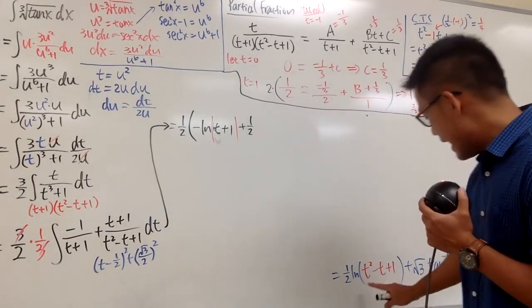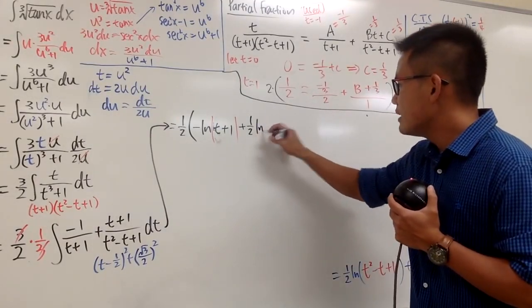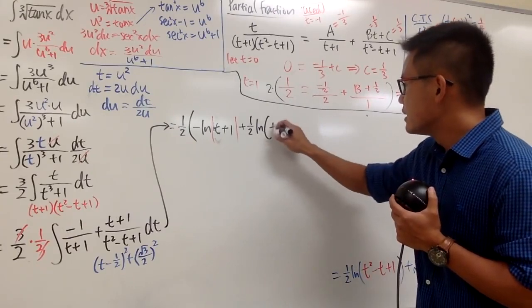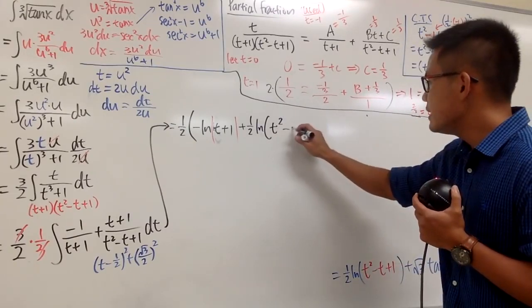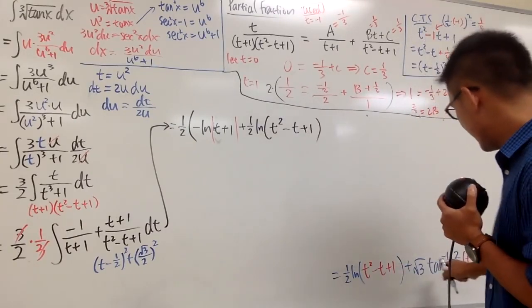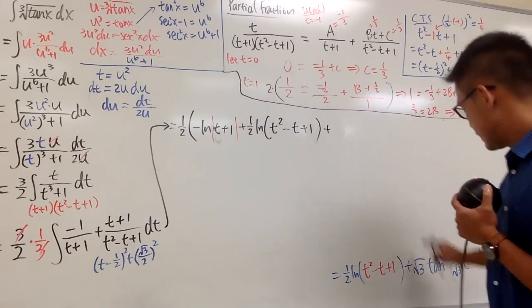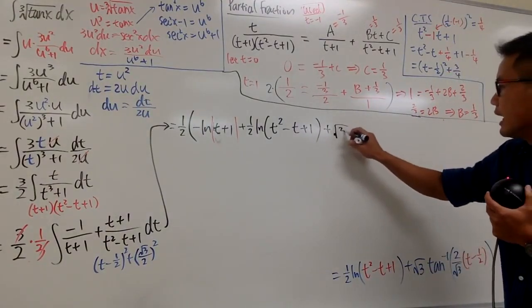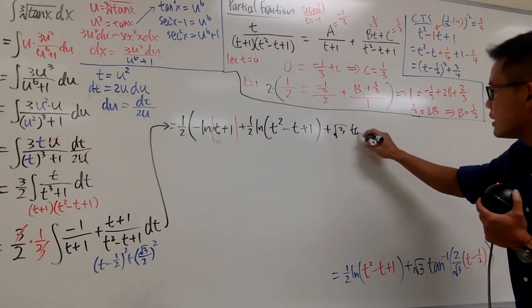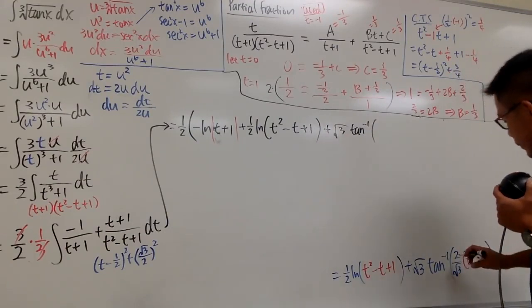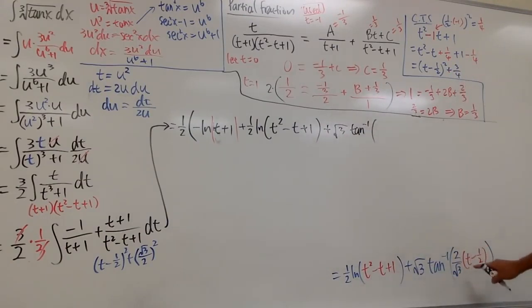Anyway, 1/2 ln of the parentheses t squared minus t plus 1, and then we have plus square root of 3, and then the inverse tangent of 2t over square root of 3. And perhaps if you guys prefer, let's just distribute.